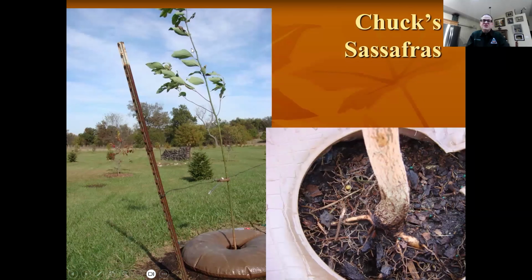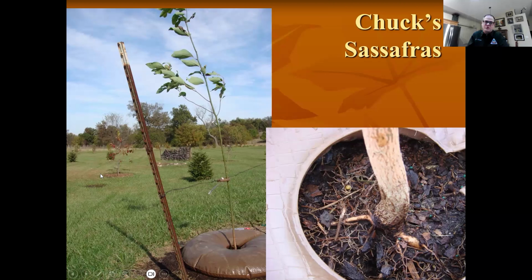Again, this is a tree I had just planted. I did stake it because it was a very small tree and it was container grown, not balled and burlapped. But when you plant a tree, you should be able to walk up, look down the stem and see the top of the first main roots coming out. Okay, that's what you're looking for.